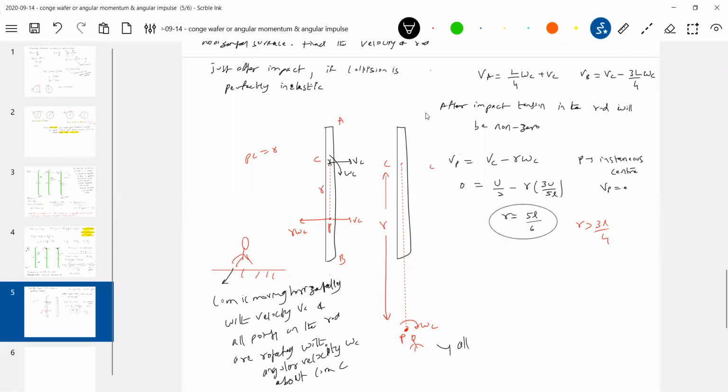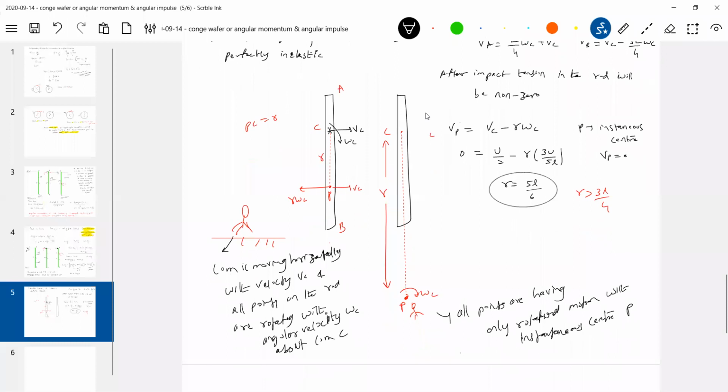This comment will be: all points are having only rotational motion about the instantaneous center P. Only rotational motion. That angular velocity I'll mention with angular velocity omega about P.